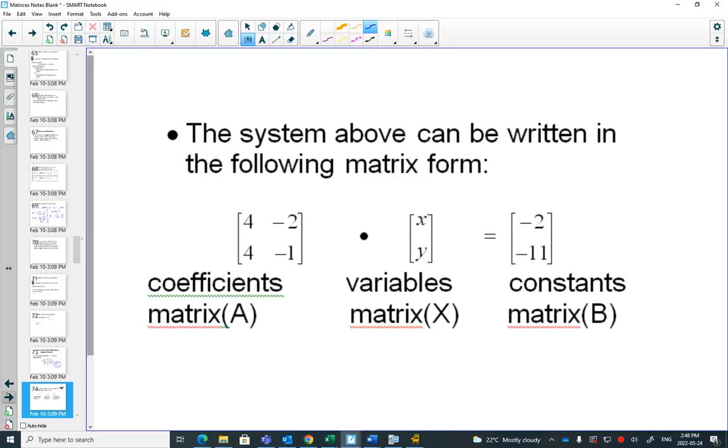First of all, can you see that if I took the first two matrices, this is a 2 by 2, and this is a 2 by 1, that you could multiply them?